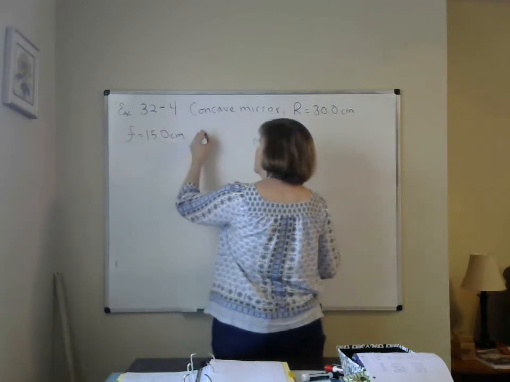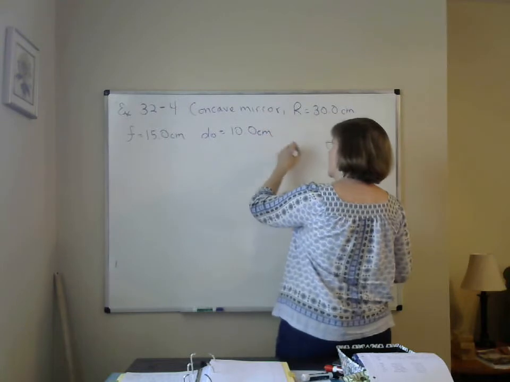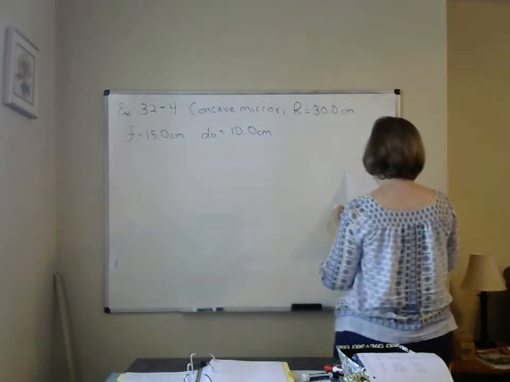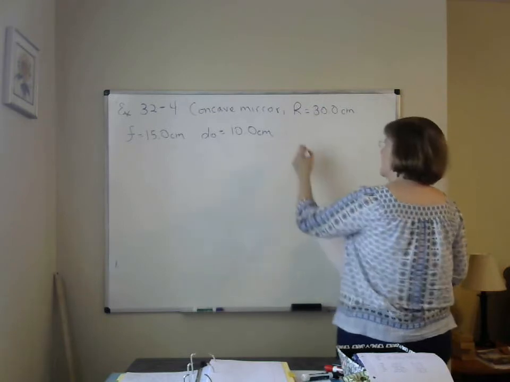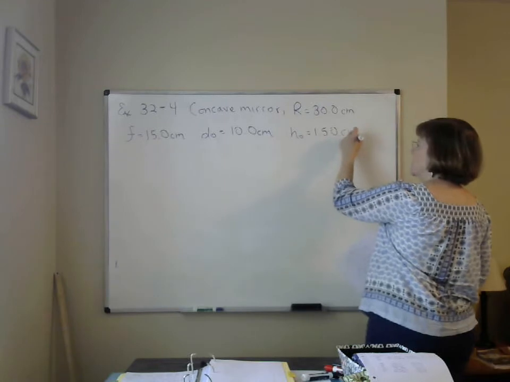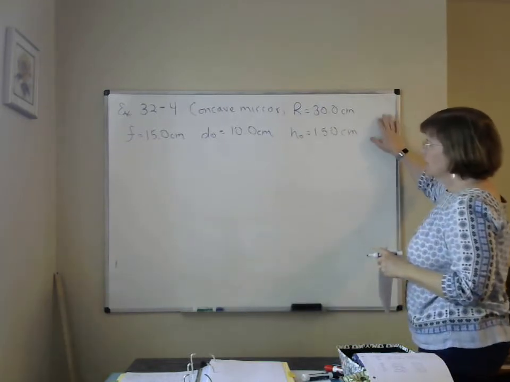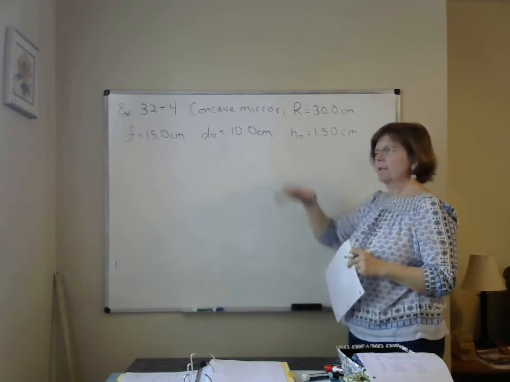Only this time we're going to move the object to 10 centimeters. We'll keep the same height object. I think they changed it, but I'm not going to change it. But the difference is now we're in front of that focal point, closer to the mirror instead of behind it.